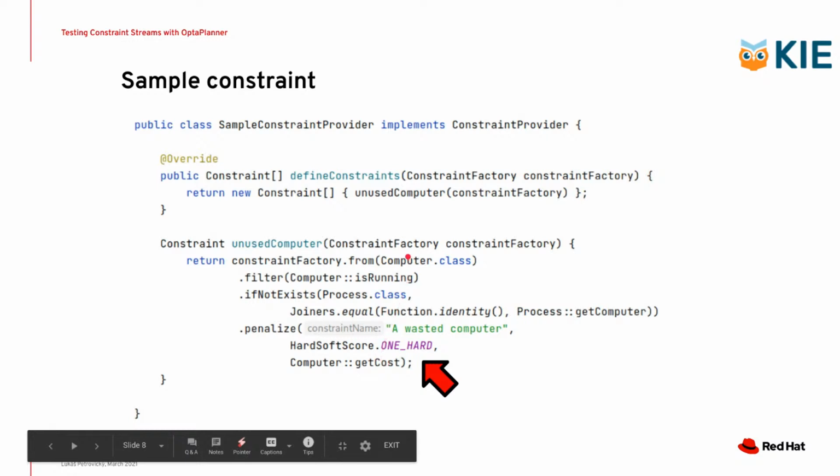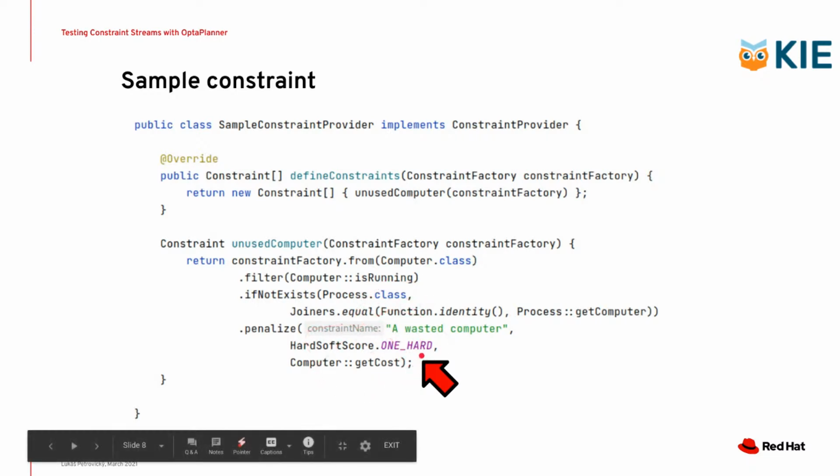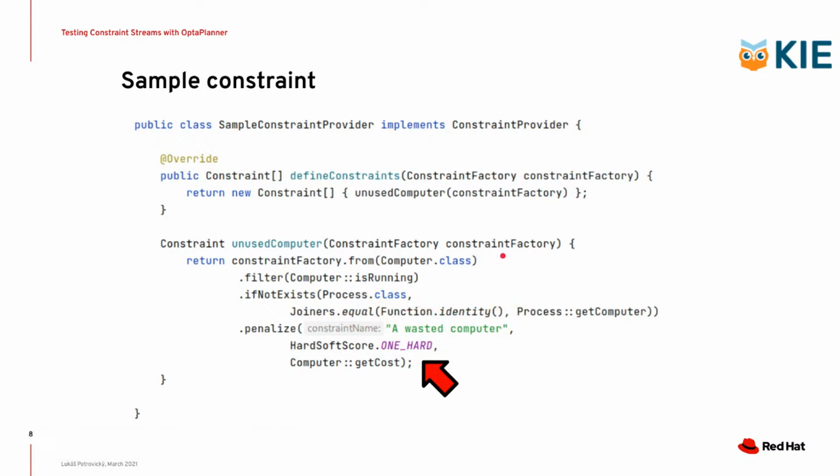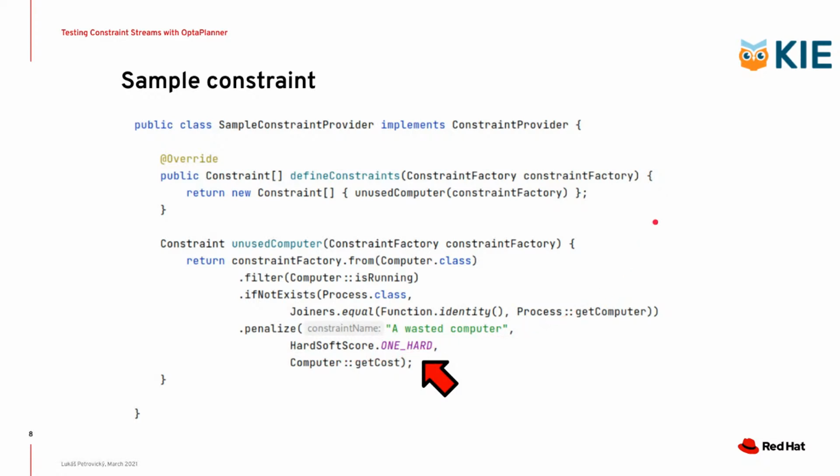So if a computer costs 1 unit and you only have 1 computer that is running without any processes, the final penalty of this constraint will be 1 hard. So hard score of 1 hard, 0 soft. Keep that in mind, this computer cost, because we will get to it a bit later.